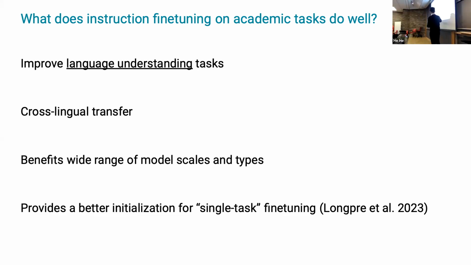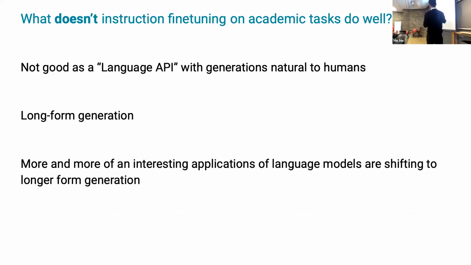Even if you do that, you can still initialize from the instruction fine-tuned version, which is better for single-task fine-tuning. So we can probably say if you're using something like T5, just switch to Flan-T5 and nothing else changes, it'll probably improve the performance by some. That's a kind of free gain. But those are the good things.